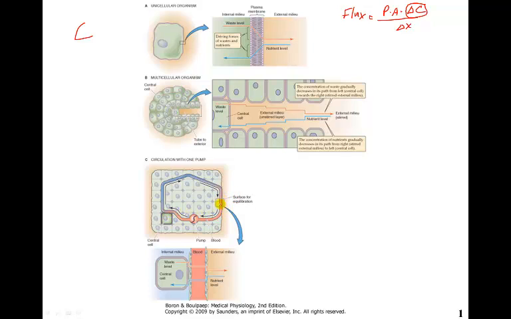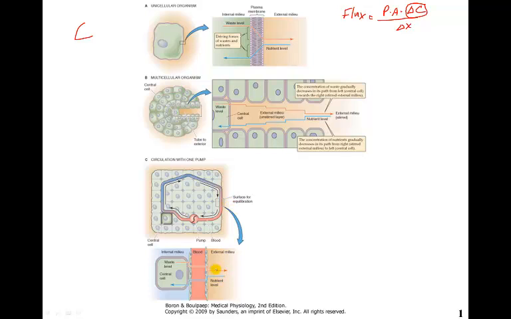They don't move the external fluid directly in; they create a circulatory system that takes blood and brings it to the surface, where nutrients move into the blood and waste moves out, so it's directly in contact with the good fluid in the external environment.